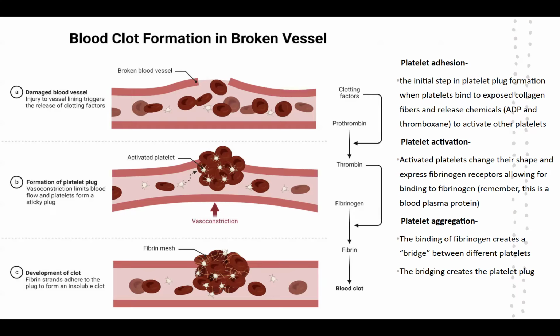The first thing that happens is vascular spasm. Your blood vessels will start to vasoconstrict, or constrict. They'll start trying to squeeze to get smaller. If they can become smaller, not as many blood cells can get out in a short amount of time.